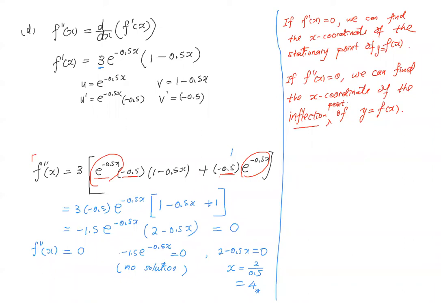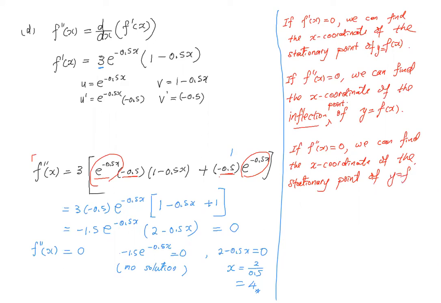Hold on first. If f double prime x equal to 0, we can find the x coordinate of the stationary point of y equal to f prime x.